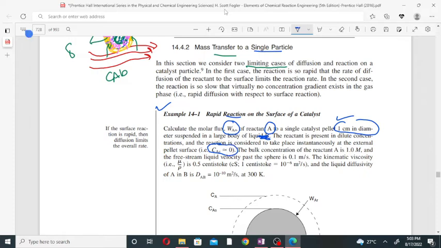The bulk concentration of component A is 1 molar and the free stream liquid velocity past the sphere is 0.1 meter per second. So there is a catalyst particle present in a large body of liquid.